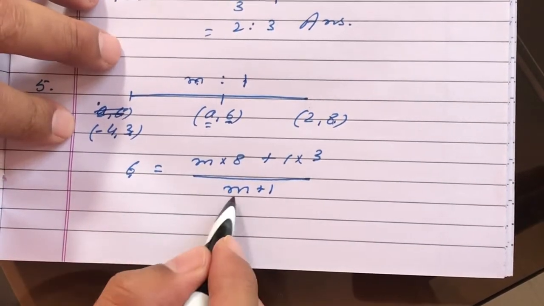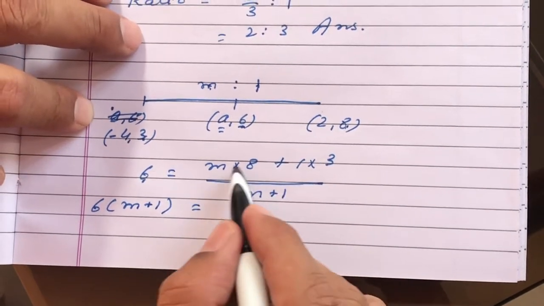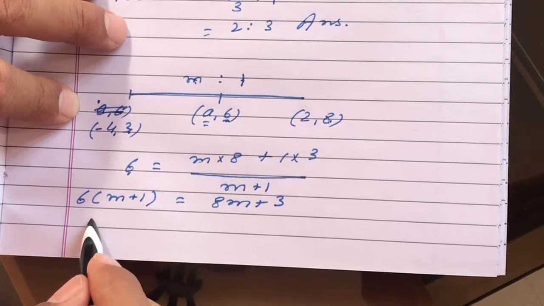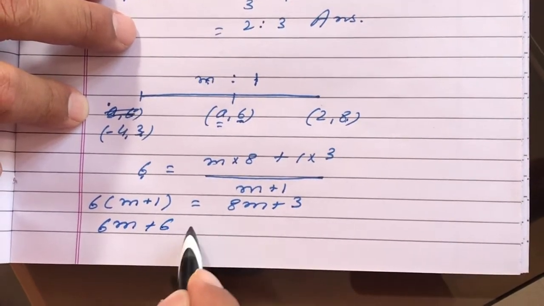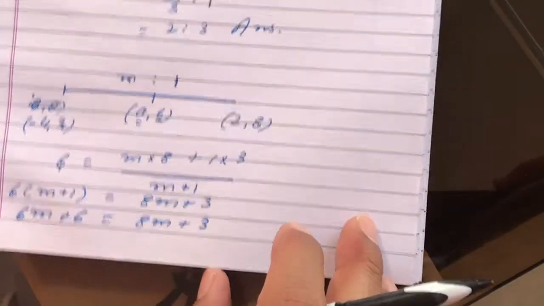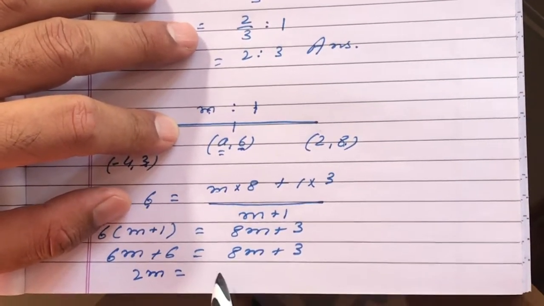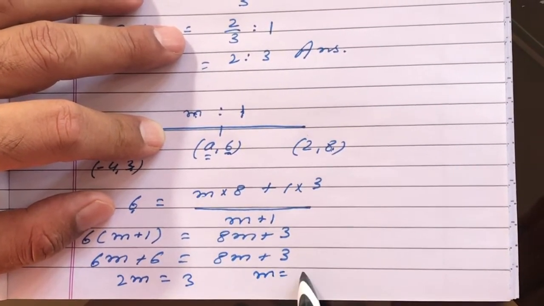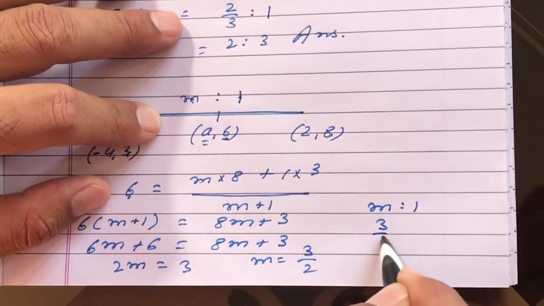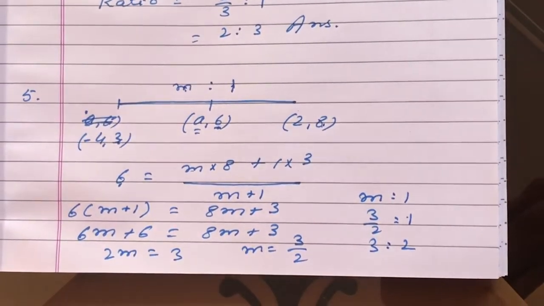Then I cross multiply, 6 into m plus 1 is 8m plus 3. Then 6m plus 6 is 8m plus 3. So 2m is equal to 3, m is equal to 3 by 2. Then the ratio m is to 1 is 3 by 2 is to 1, or 3 is to 2, you will get multiplied. That is the answer.